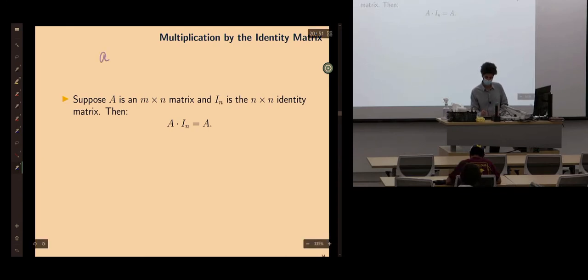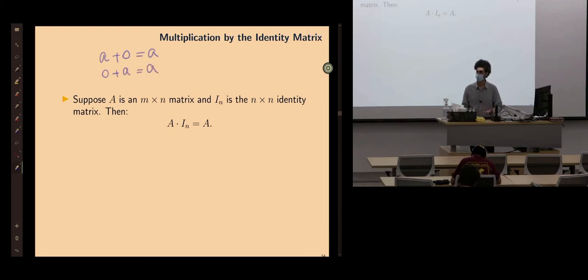A plus 0 will give you A, which is commutative because 0 plus A is still A. We are talking about multiplicative identity. And it's not just a number. If it was a number, we could say A times 1 equals A, 1 times A equals A.